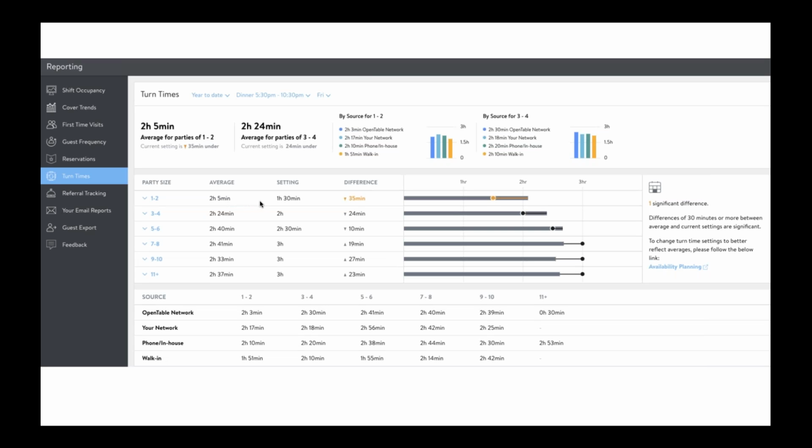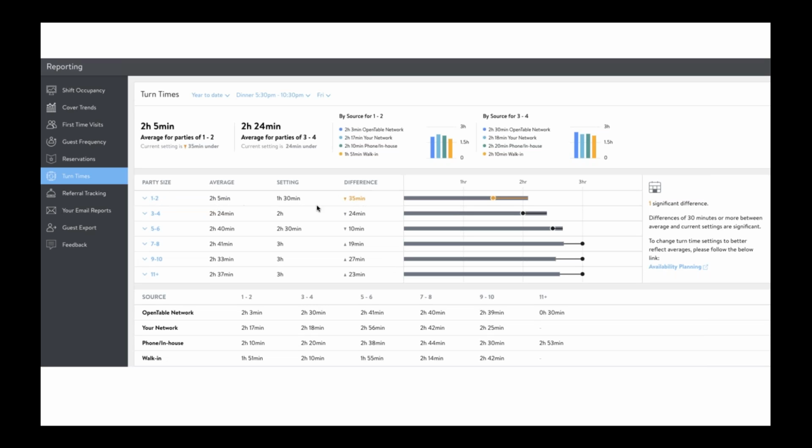Therefore, other reservations waiting for that same table are going to be waiting about 35 minutes longer than they should have. That creates a customer experience that might not be positive, because they have a reservation and had to wait 35 minutes before sitting down, and that could be a big problem.